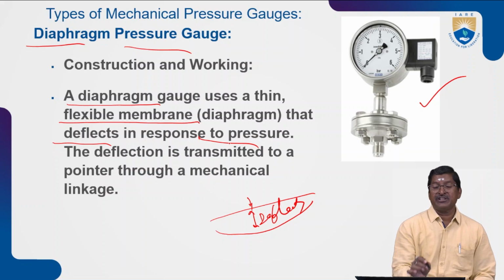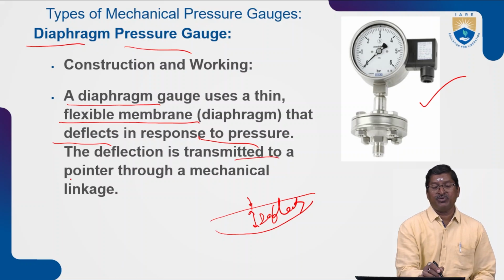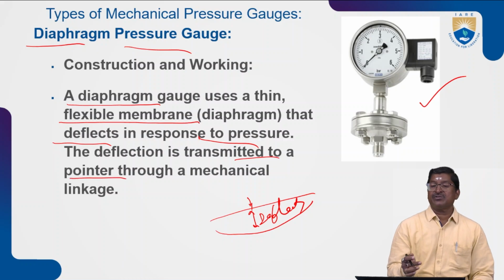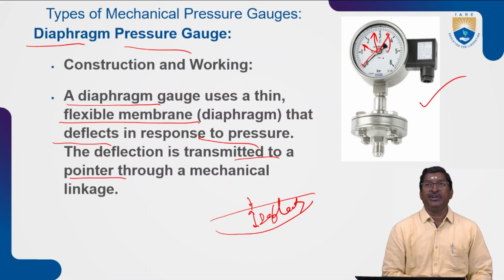The deflection is transmitted to a pointer through a mechanical linkage, so that the pointer shows the pressure existing in that fluid.